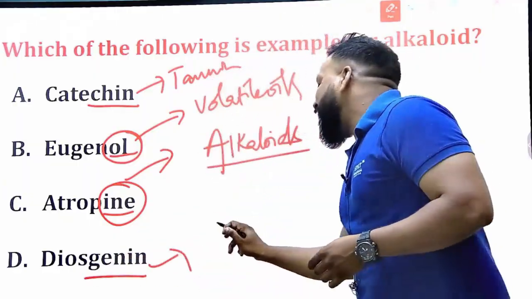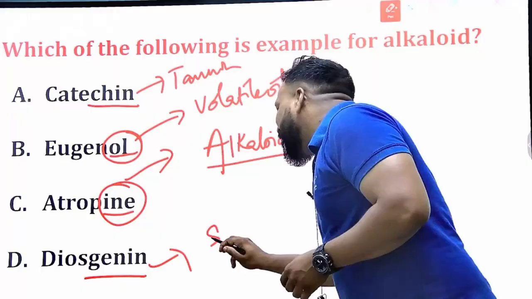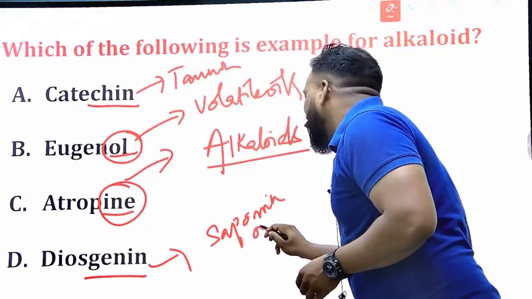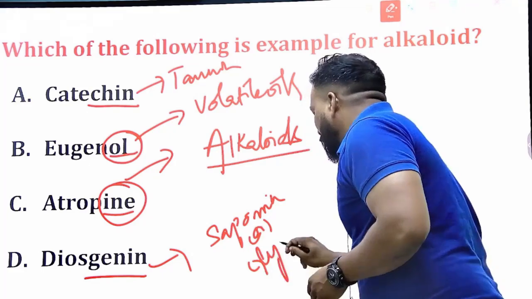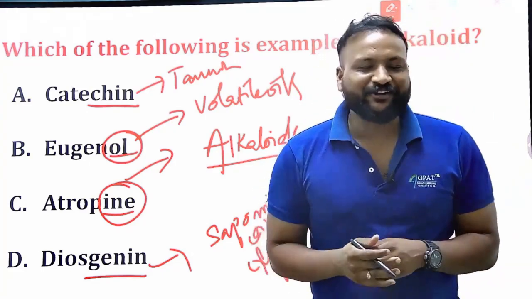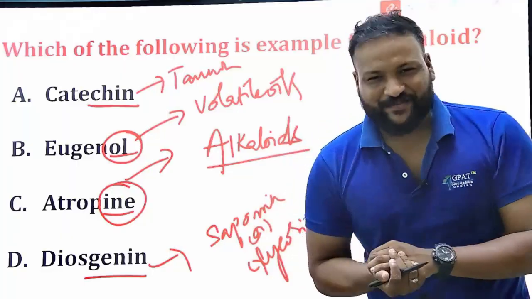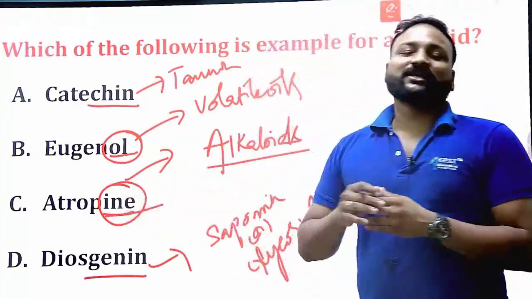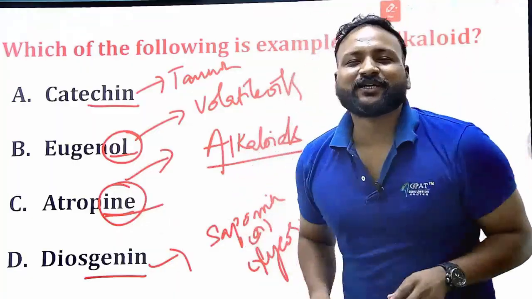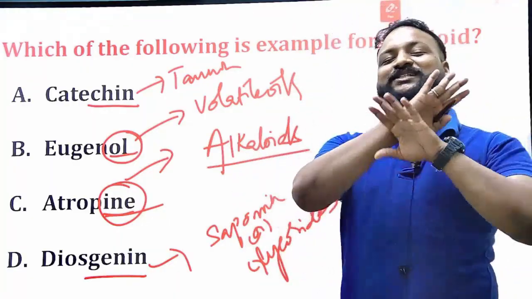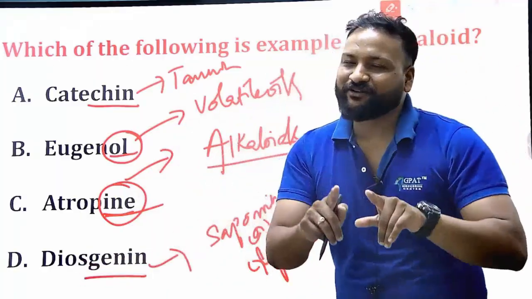The suffix -in may be a saponin glycoside or a normal glycoside. That's how we can easily identify the chemical constituent name and what type of chemical constituent it is. The suffixes will be the clue for you to remember and identify. Now it is very easy and simplified.